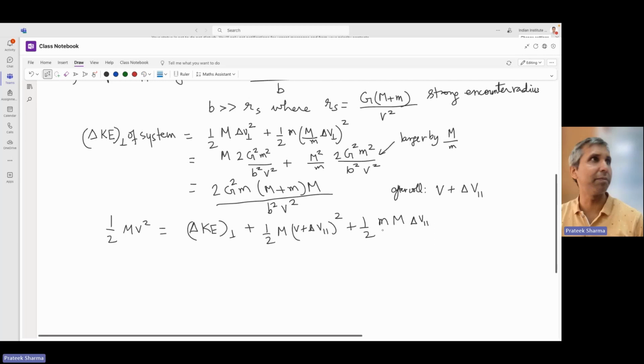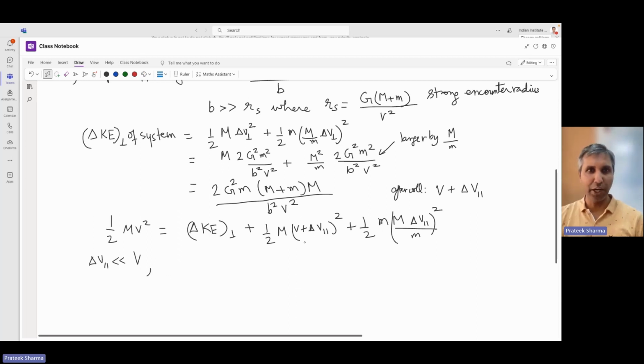Again, by momentum conservation, the parallel velocity change for the small particle will be capital M by small m times delta V parallel. So I'm just using that. If I expand this out, and assume that delta V parallel is much less than V, in a single collision your galaxy does not lose a lot of its parallel velocity, which is a very reasonable approximation.